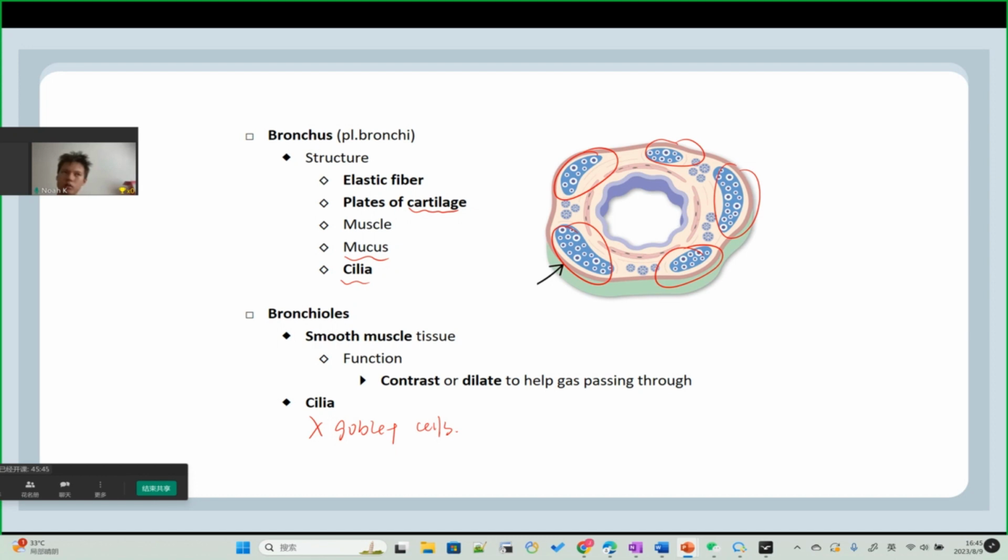Is it clear? Cilia. What are cilia? Cilia are hair-like structures on the surface.